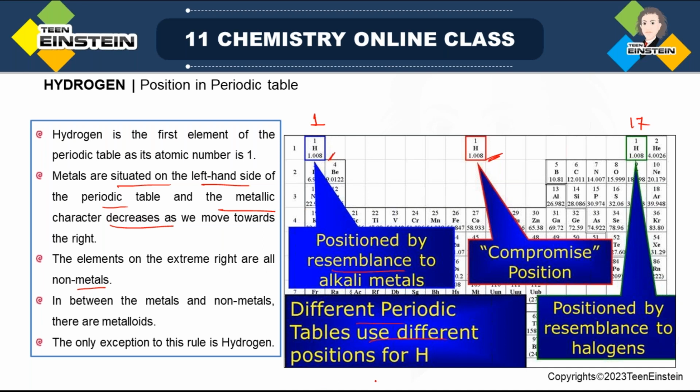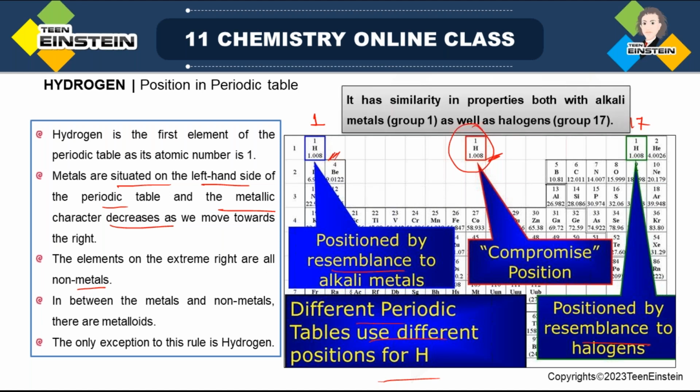Different periodic tables use different positions of hydrogen. This is the compromised position: it is not in the left extreme, it is not in the right extreme, so we have placed it in the middle. What similarities it has with alkali metals, that is group 1, and with halogens, that is group 17, we'll see in the next slide.